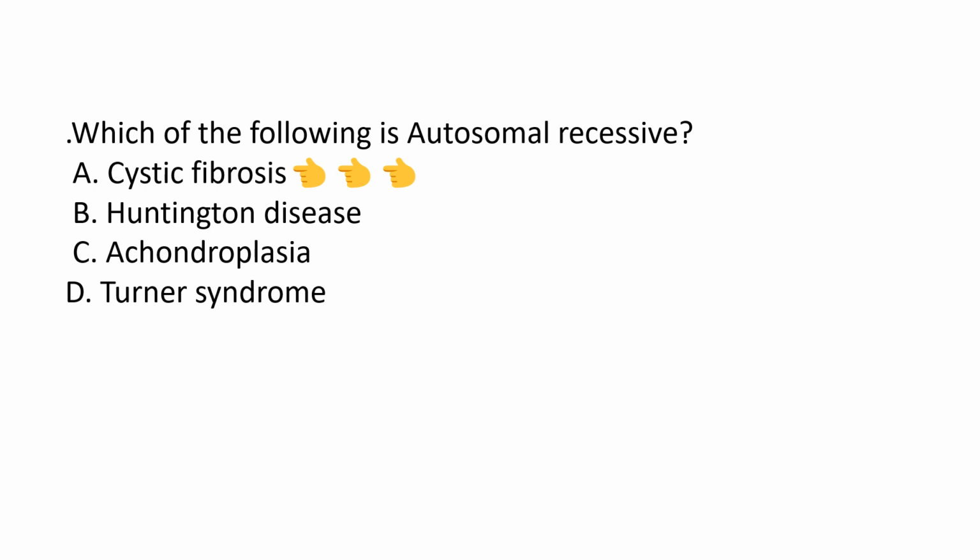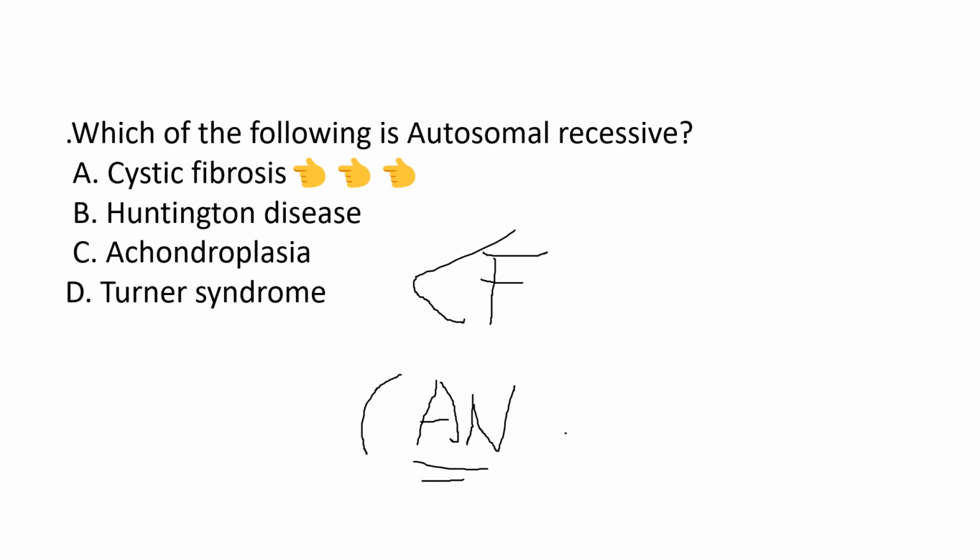So what will be our answer? Which of the following is autosomal recessive? It is cystic fibrosis. So tell me, what are the other disorders of the autosomal recessive pattern? Cystic fibrosis, first is CF, then anemia, especially sickle cell anemia.